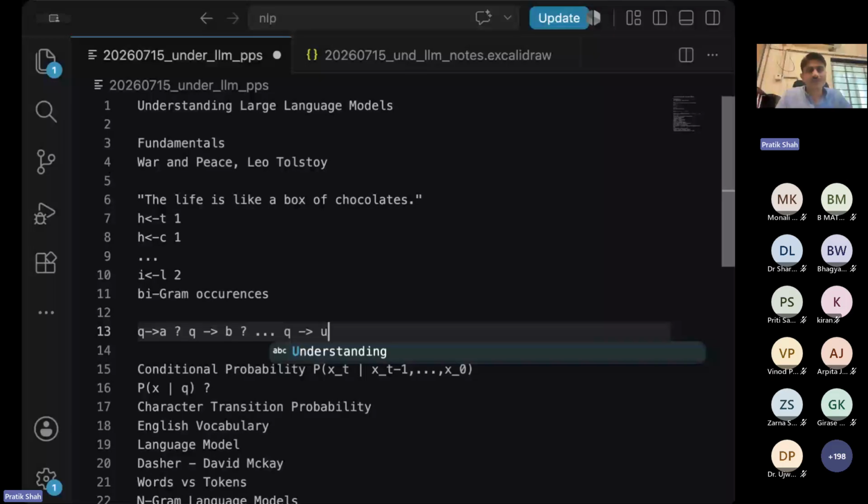And that means the probability that U is after Q is maximum. So given that I have Q as a character, the next character has to be U. There is no other possibility. Queen, quiz, quack, Q. Everywhere you see that U follows Q. And that is something which is highlighted by this brighter spot.